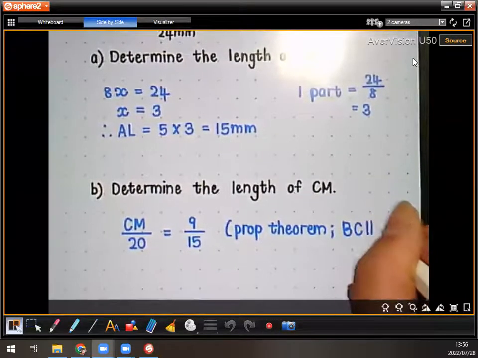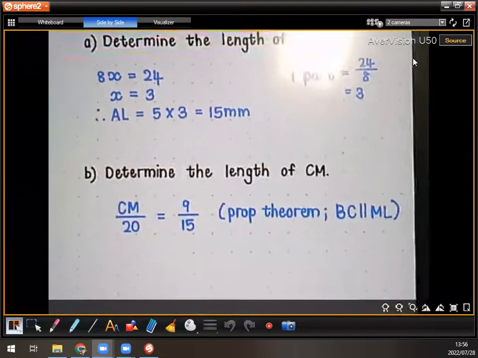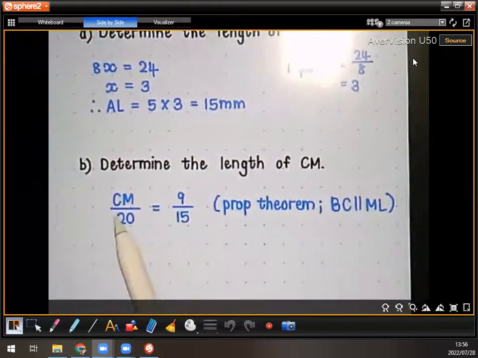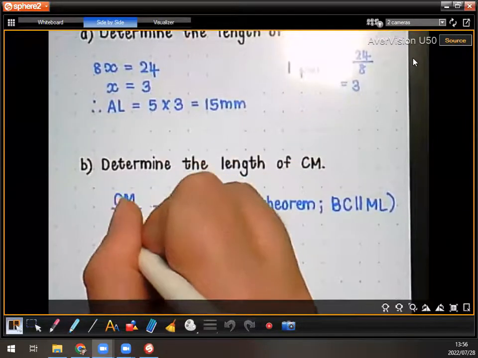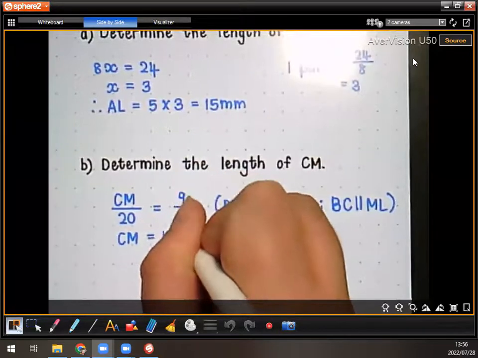BC is parallel to ML. You're just going to have to take my word for it. So those are lines that are parallel. So now 9 over 15, you can simplify that. That's actually 3 over 5. Doesn't matter. You're just going to take whatever that is and multiply it by 20. So that will get you to an answer of 12 millimeters.